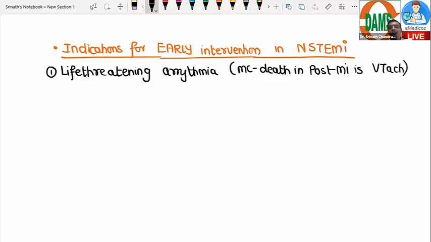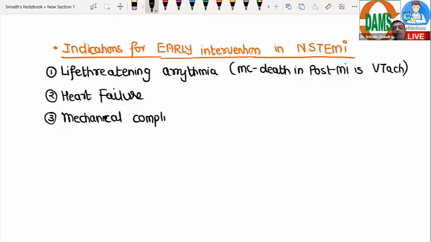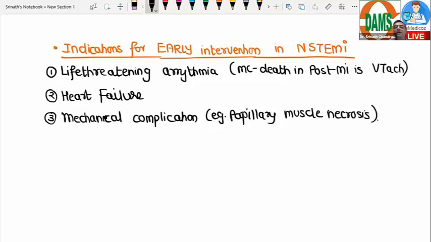So if a patient of NSTEMI is developing life-threatening arrhythmias; number two, the patient has gone into heart failure; number three, the patient has developed a mechanical complication, for example papillary muscle necrosis; or the patient is having refractory angina.